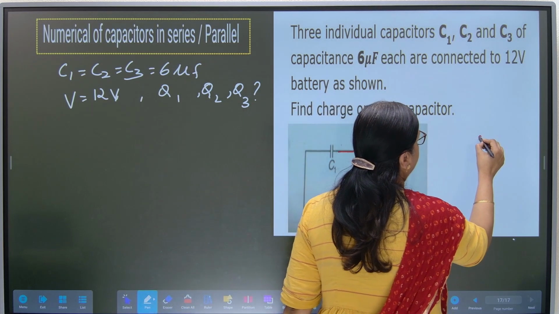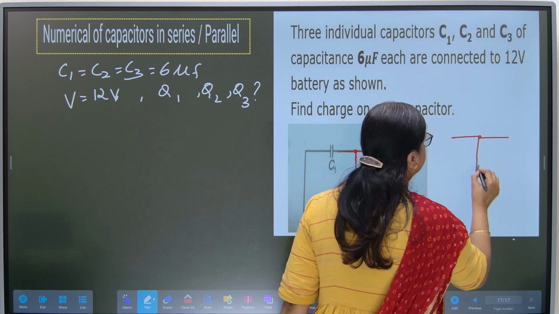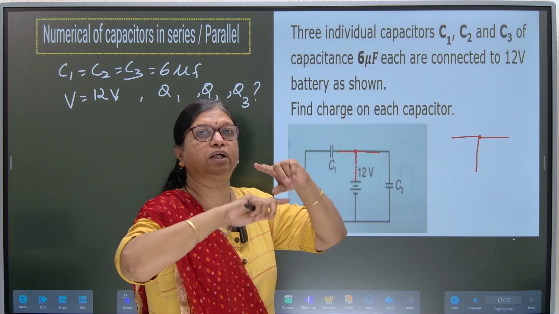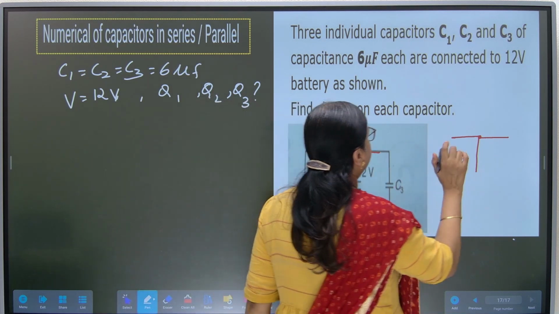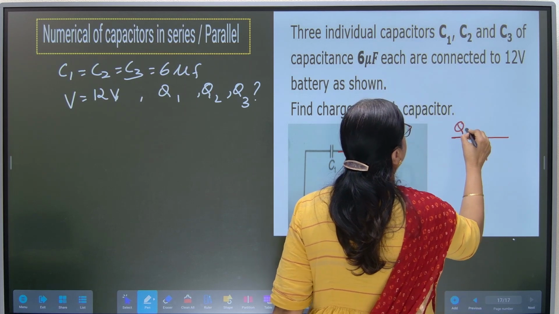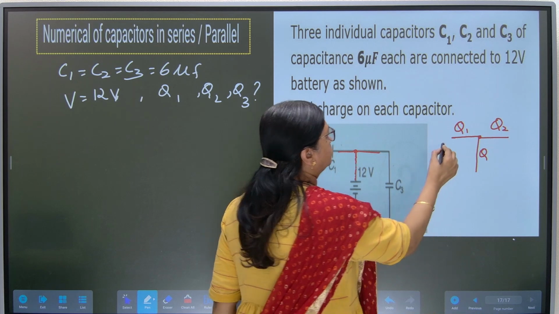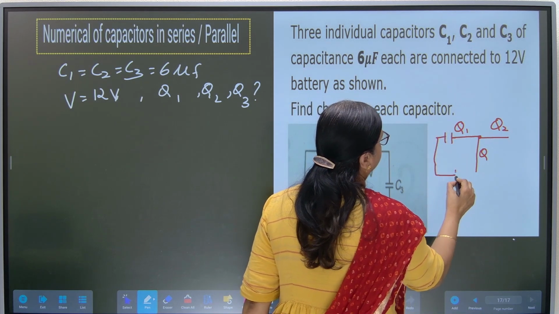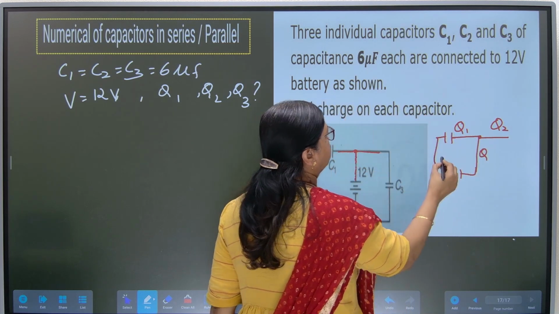Okay. So here I redraw. This is the junction which is looking like a T junction. Whenever there is a T junction, both the branches are in parallel. So it is hence understood that the charge which was Q is distributed into Q1 and Q2. This branch will have Q1 because both C1 and C2 are in series.